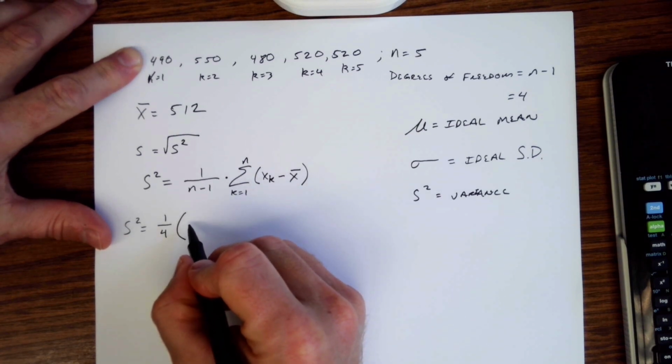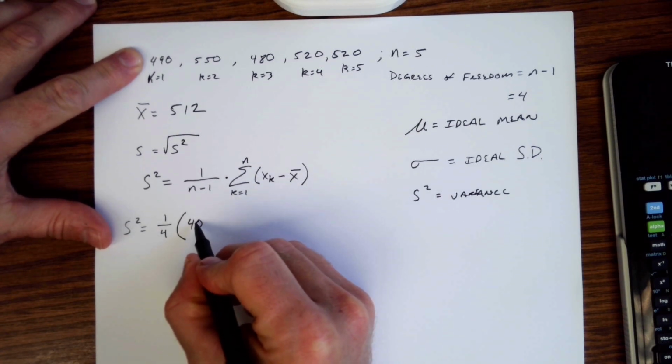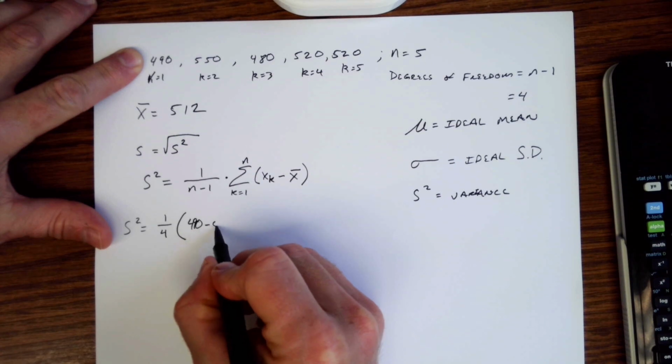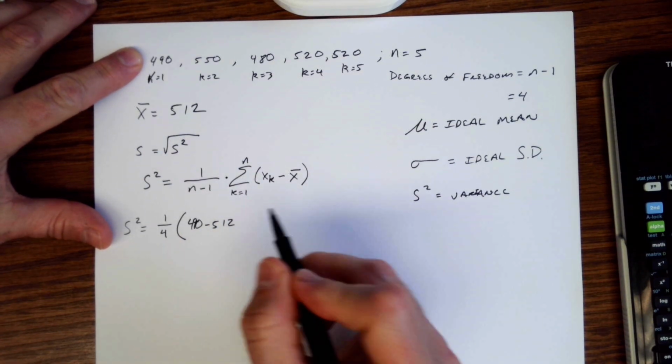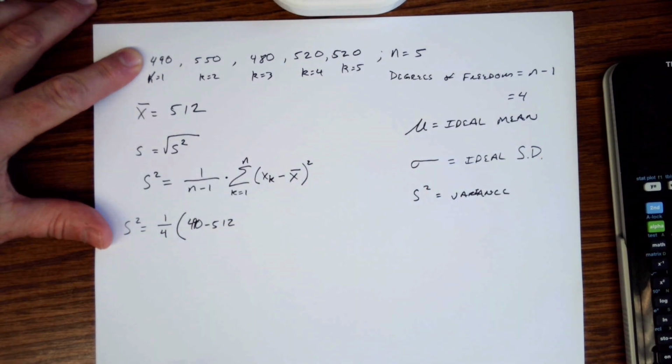So here I'm going to do 490, I forgot my 9 there, 490 minus 512, oh I forgot something here, I forgot my square, oopsie.